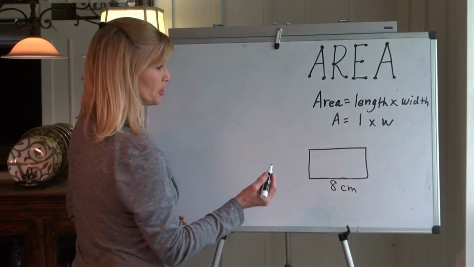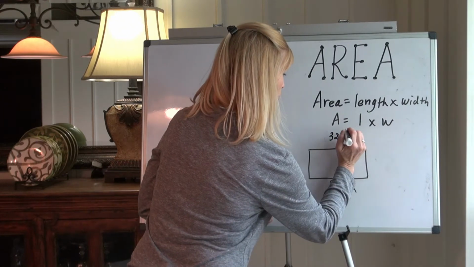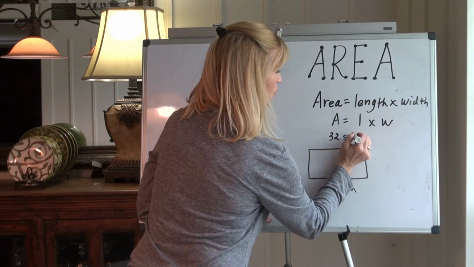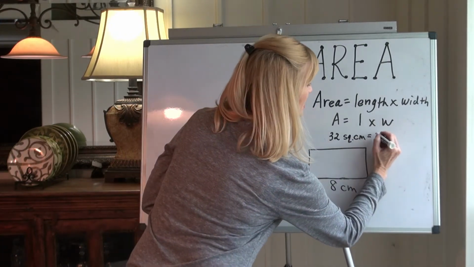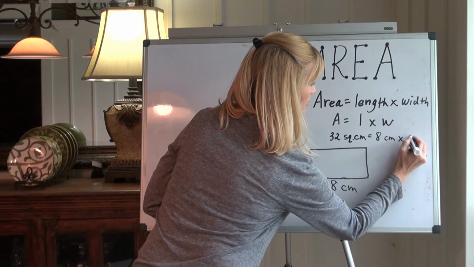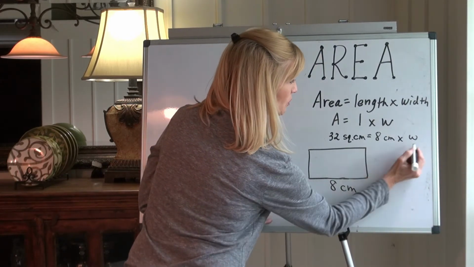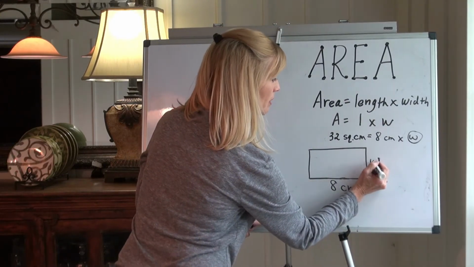It's very simple to do. So if they told us that our area is 32 square centimeters, our 8 centimeters is the length, so we plug in 8 times W. We're looking for this one. This is our question mark right here. This is the one we're looking for.